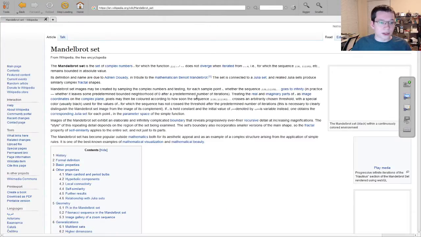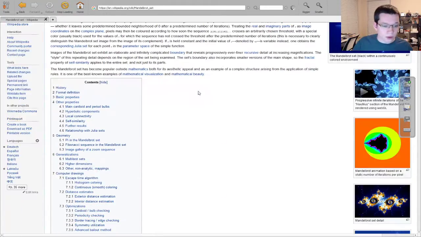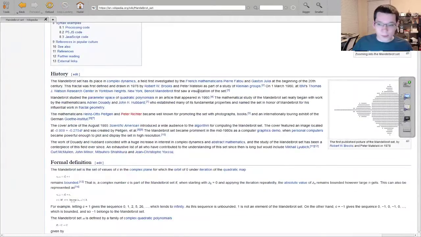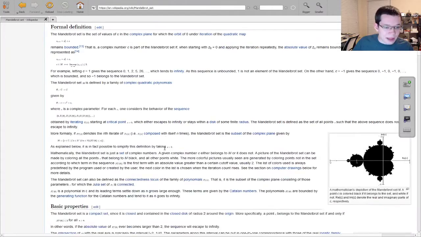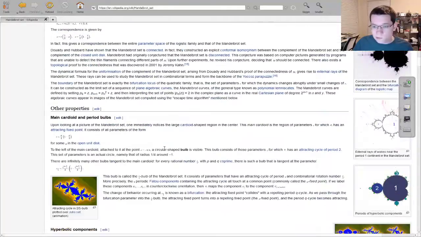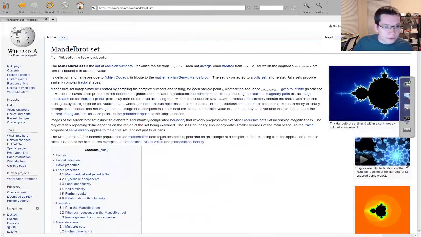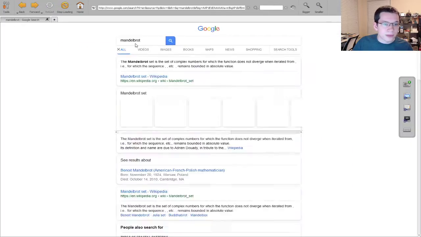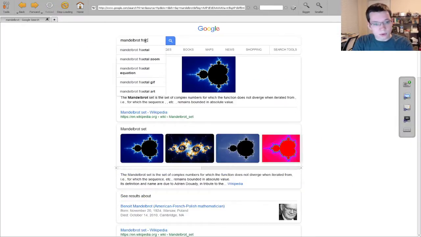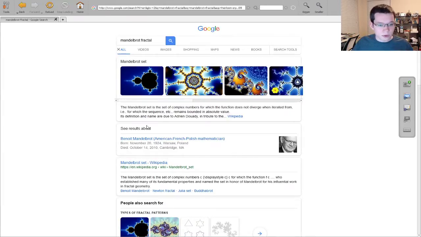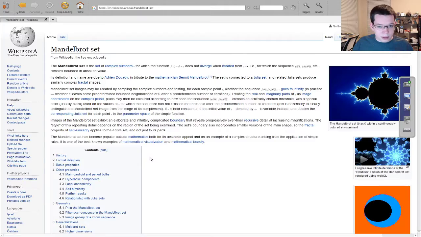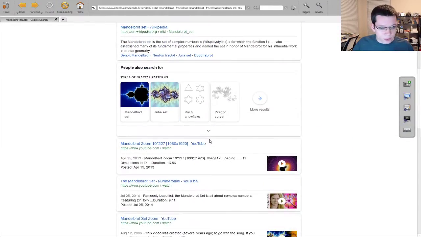So if we come here and look at the Mandelbrot set, we can see some of the math, wherever it is. Where's the Mandelbrot fractal? Maybe that's what I'm looking for, is the fractal. Hello? Back button does not work. Wiki, it's the same page. I just want the formula.